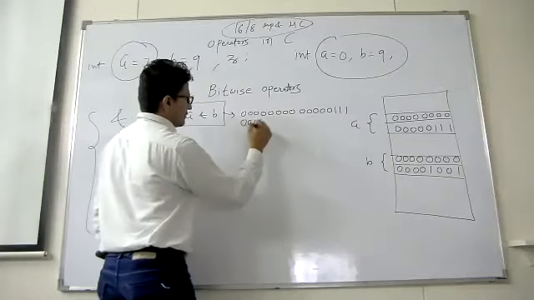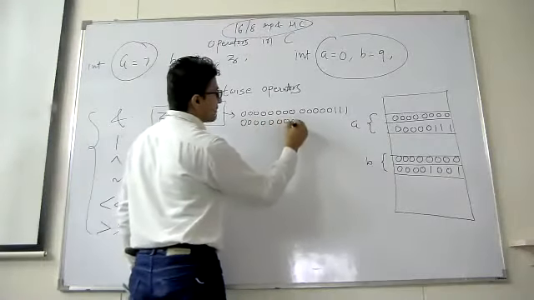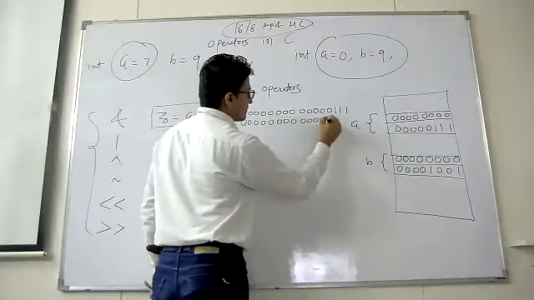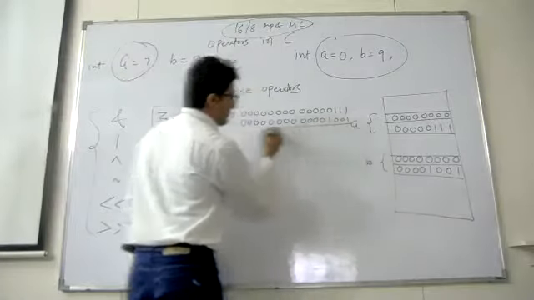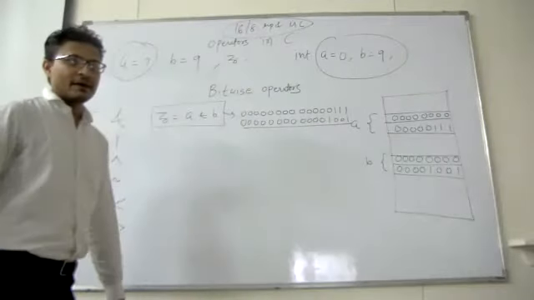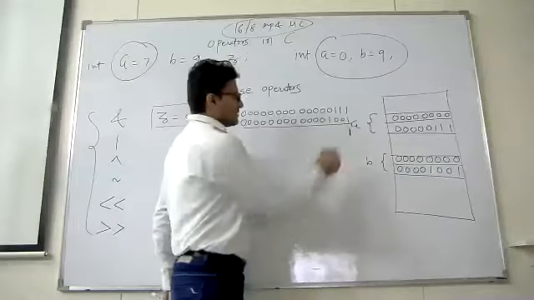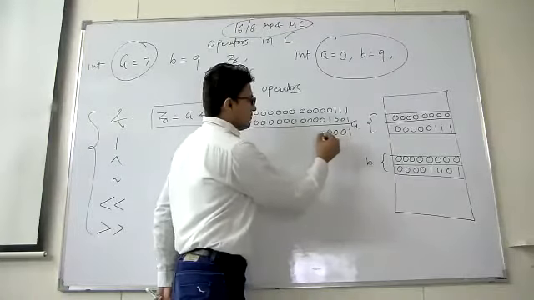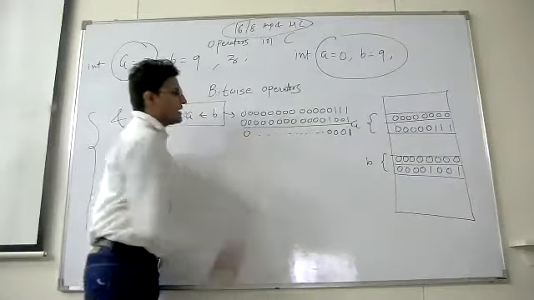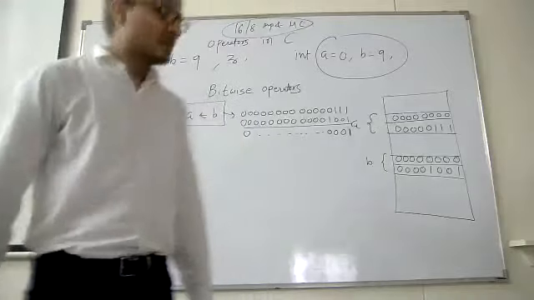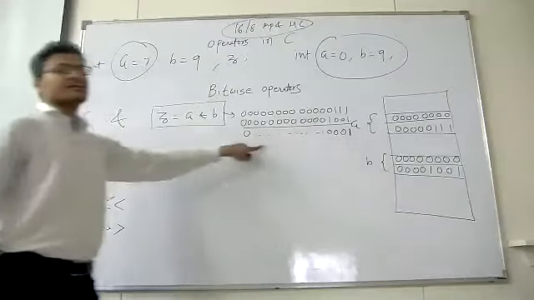It will do the AND operation bitwise. 1 and 1 gives 1, and remaining all the bits are 0. So the answer would be 0 1.